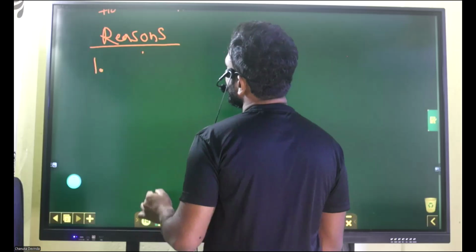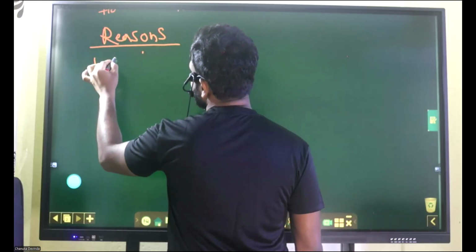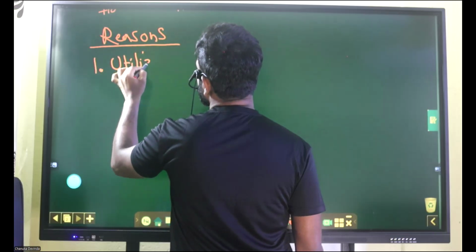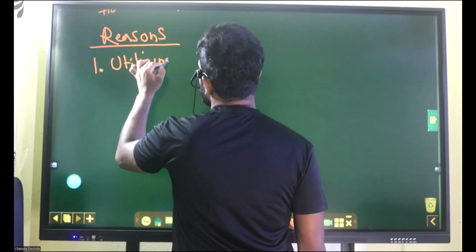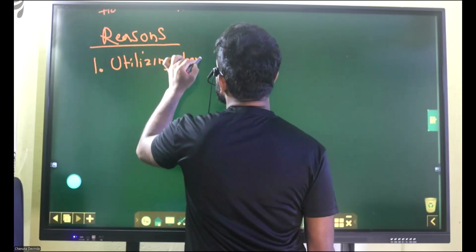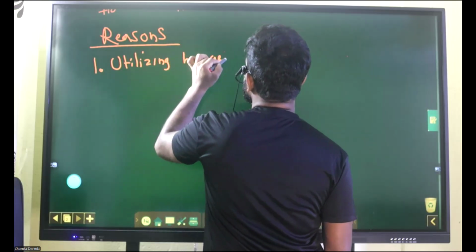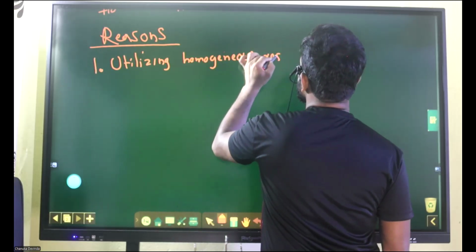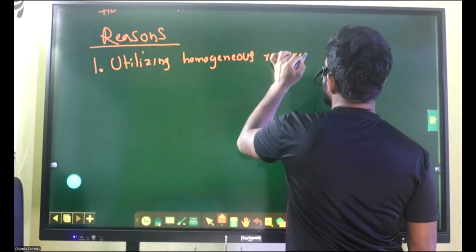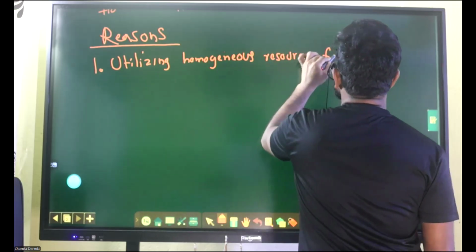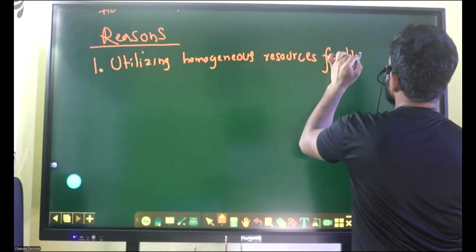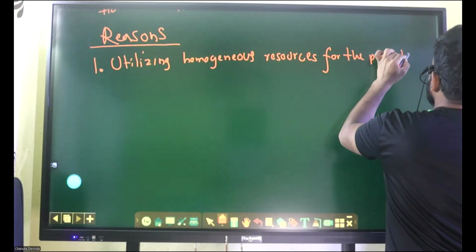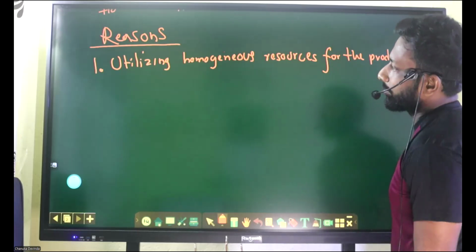So we can put initially first one, utilizing homogeneous resources for the production. That's the first reason.